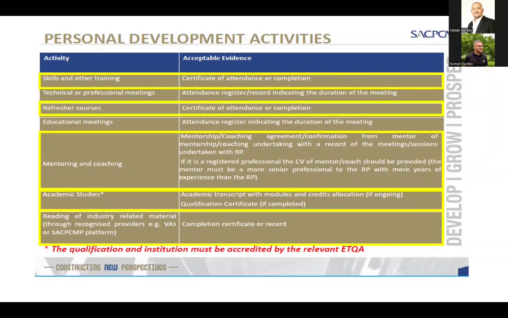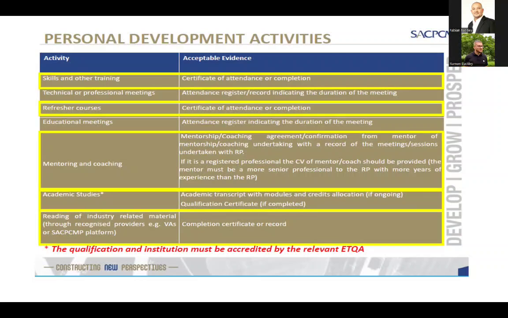This is not primarily related to construction health and safety developments per se, but it has to do with developing your own personal skills in terms of how you manage people, how you manage different dynamic situations. For example, maybe you can do conflict resolution skills training. This is just an example of the type of evidence they are looking for.